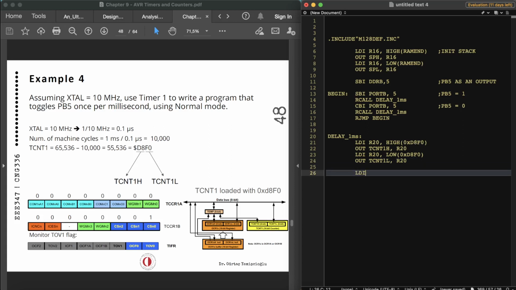So afterwards, I can reset. So I can have TCCR1A to be 0. So R20 will be 0, and OUT TCCR1A, R20. Okay, and LDI R20, this should be 1, 0x01. OUT TCCR1B, R20.